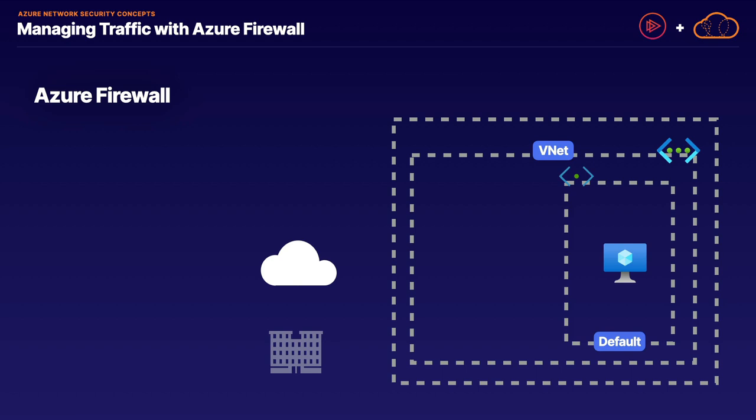But for now, I just wanted to quickly introduce it so that we can juxtapose it to network security groups, so that we can understand how these are not competing solutions for providing network security, but rather different solutions to be used in unison to provide a defense in depth strategy for our virtual networks and those resources that we have inside of them.